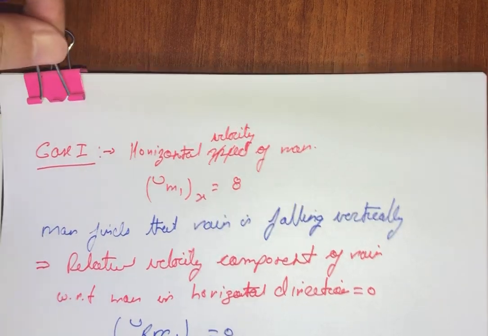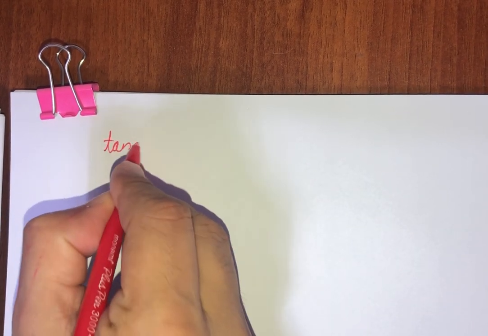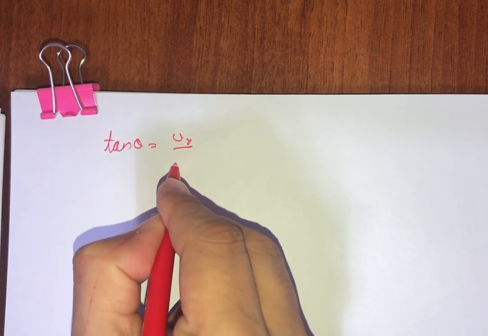Okay, now we are going to find out the angle. So tangent of theta will be equal to Vx divided by Vy.